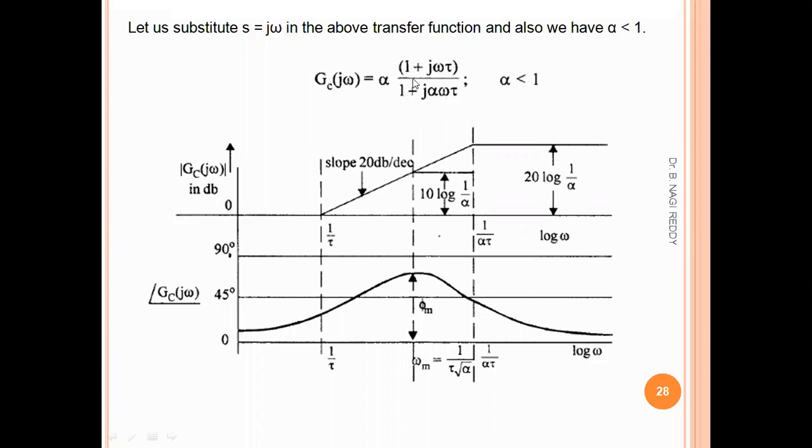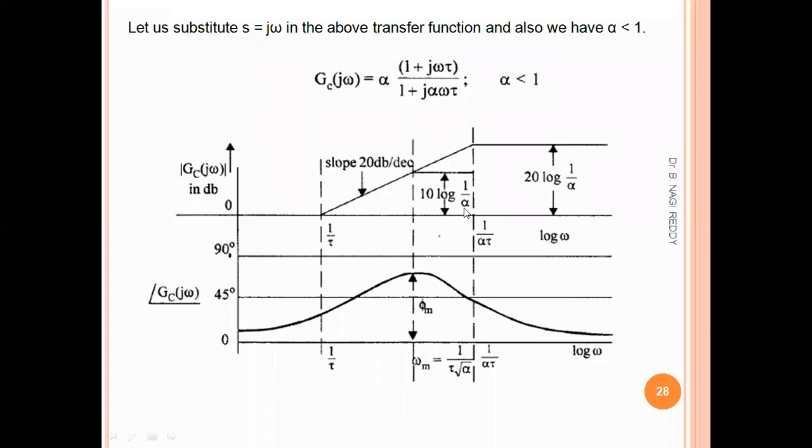And with this open loop transfer function, we can draw the Bode plot, right? We have already done many problems on the Bode plot. So if you plot the Bode magnitude plot as well as the phase plot, you will get plots like this. Phase plot, and this is the magnitude plot.